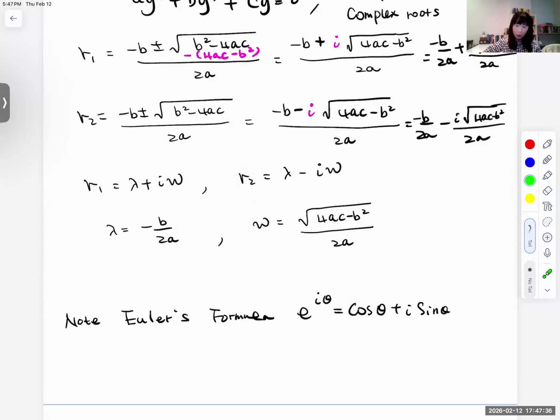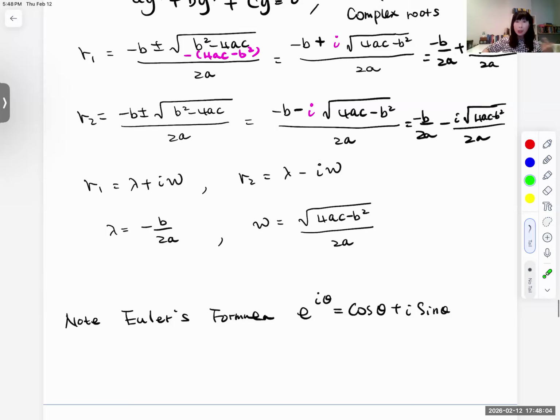So lambda equal to negative b over 2a, the first term, and then omega will be the second term. And i is still there, right? Make sense? Okay, this one we call Euler's formula, e to the i theta equal to cosine theta plus i sine theta. All right?